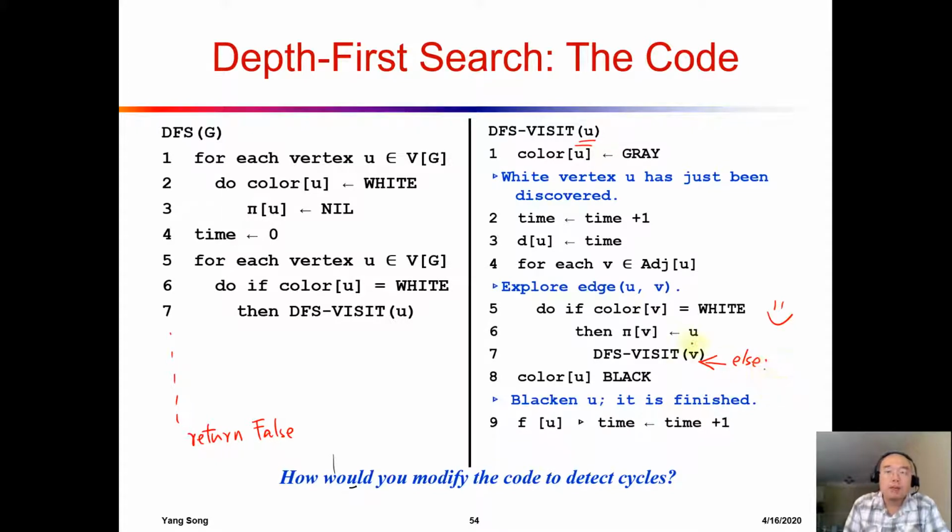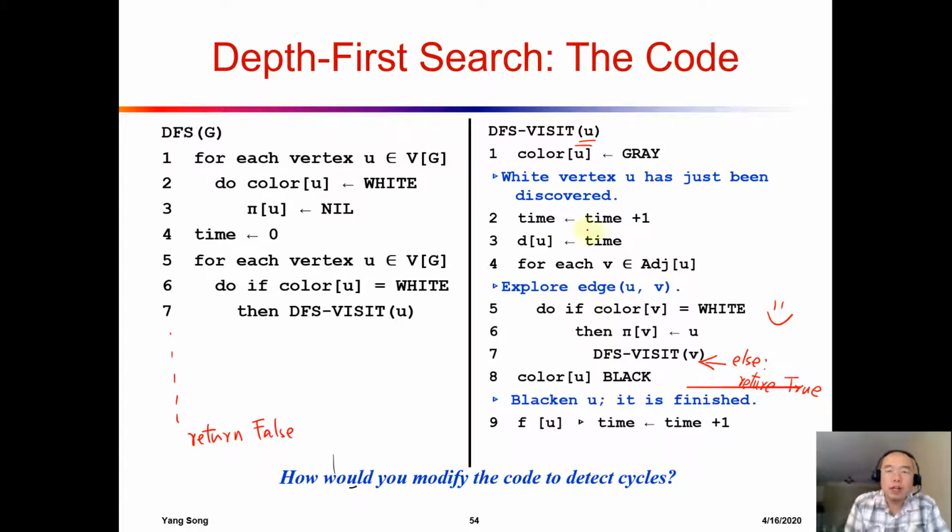If the vertex V has a color other than white, it can be black, it can be gray, then what do we do? I want to return true immediately, saying there is a cycle. Okay, so this is a very quick solution to find cycles.